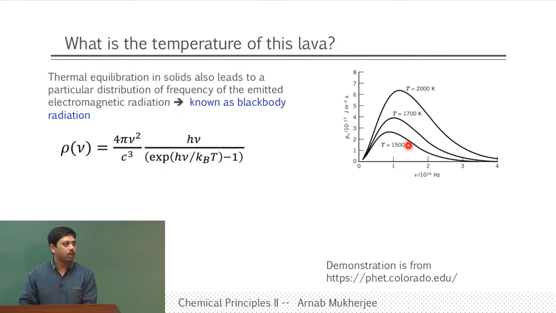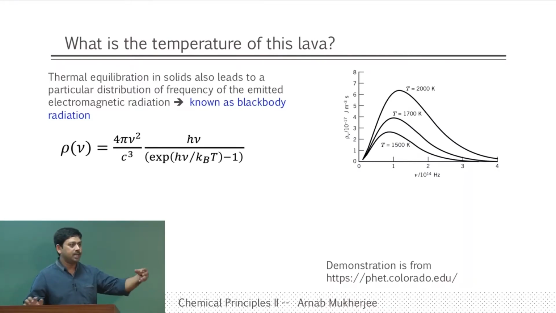giving rise to this particular distribution. As you can see here, different temperatures give different black body spectra. Here also the macroscopic variable, temperature, is fixed, but individual frequencies do not have the same value, just like our gas particles.